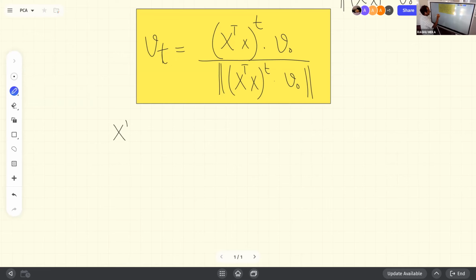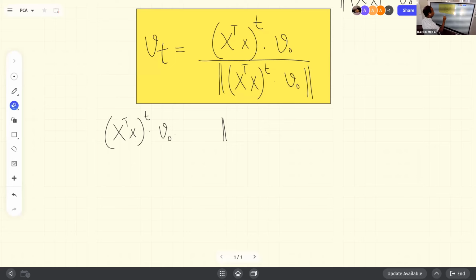So let's look at X transpose X to the T times V0. I want to understand how this changes the inner product with the actual true singular vector. And how can I do that?